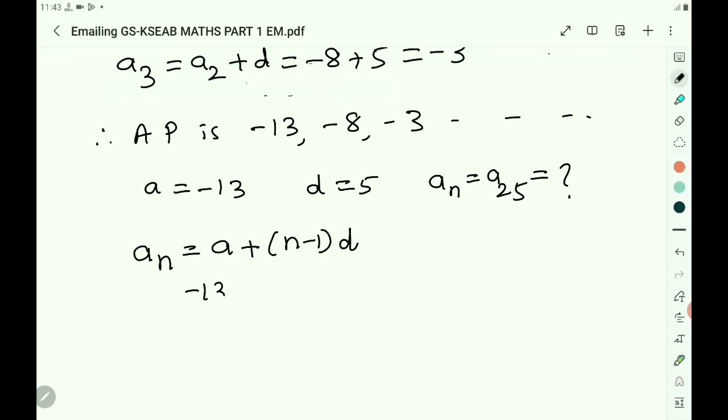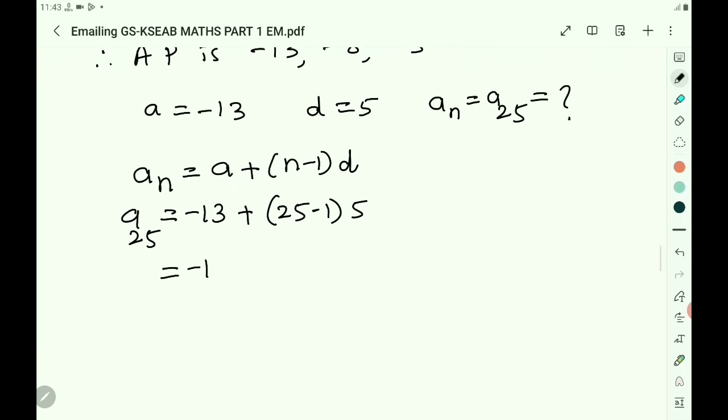A is minus 13, n is 25. Here we have to find out a25. In the place of n you take 25 minus 1 into 5. That equals minus 13 plus 24 into 5.